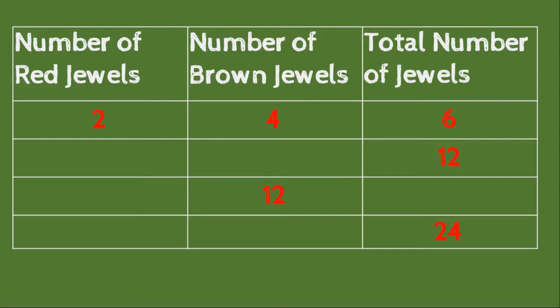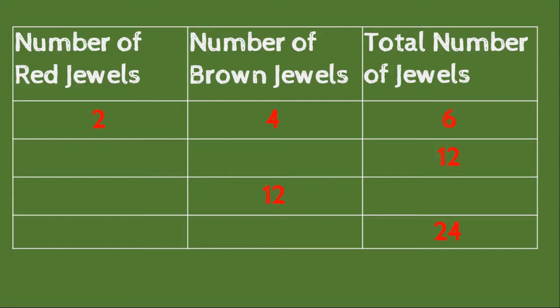To get 6 to turn into 12, what do you think we have to do? Well, the simple solution would be 6 times 2 equals 12. It's simply double the amount.